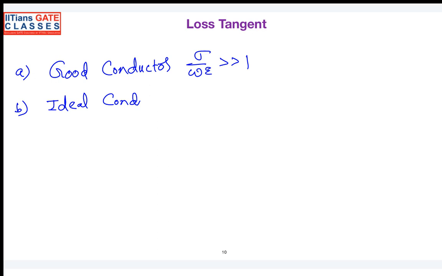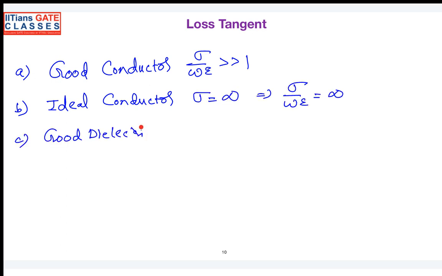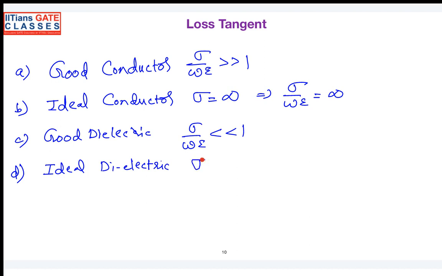Similarly, if it is a good dielectric, the loss tangent will be much less than 1. Suppose in the question they say it is an ideal dielectric, you should consider your sigma is equal to 0, which means your loss tangent also becomes 0.